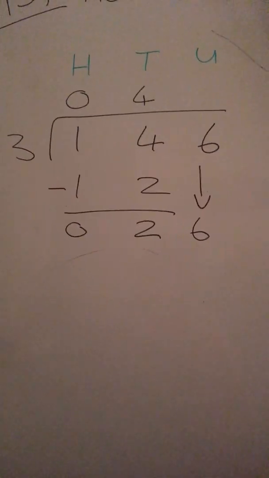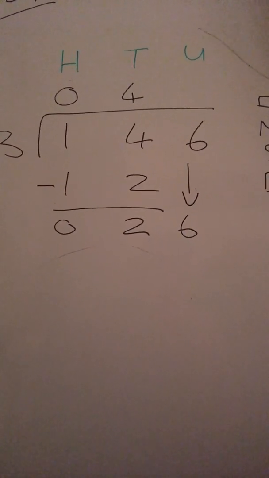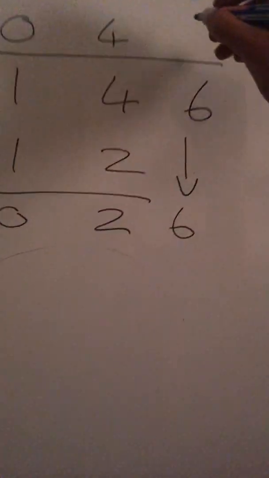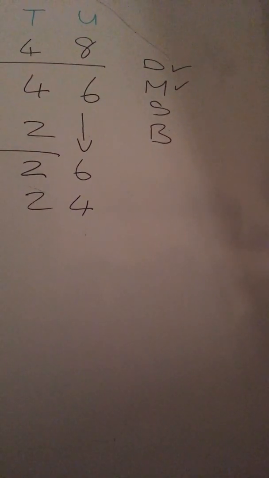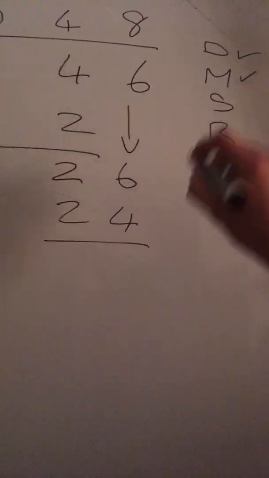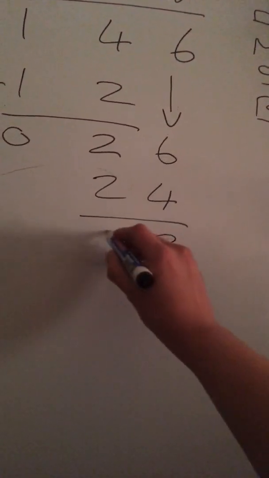Last one. 3 goes into 26. 8 times, because 3 times 8 is 24. So we did division and multiplication. Please do the ticking so that you don't get confused, because it's your first time doing it. But I've been doing this for years, so I sometimes tend to forget to tick my steps.